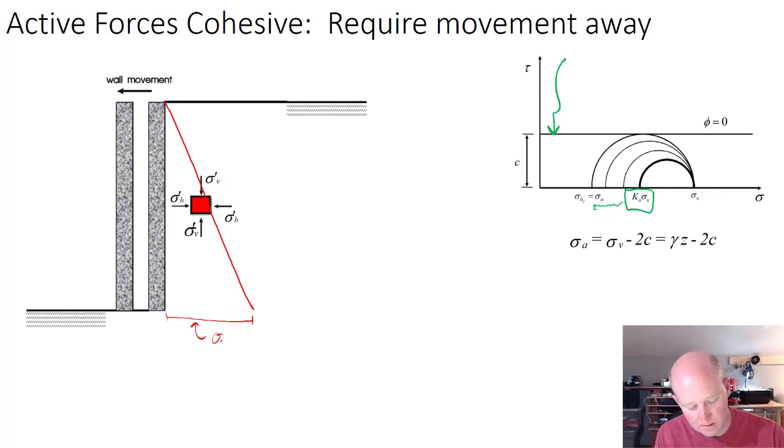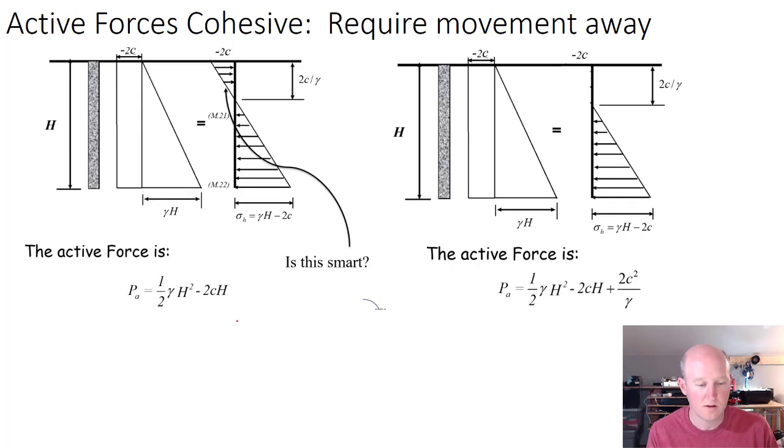We'll get this value of K active, and then we'll run the calculations like this. What you can see is, if this is 0 on a stress axis, everything to the left is tension and everything to the right is compression, and that's a little bit easier to see right here.